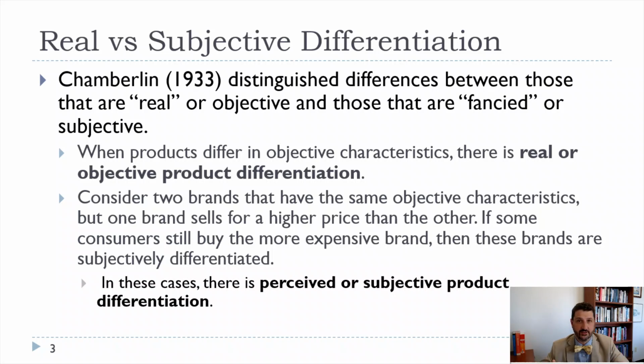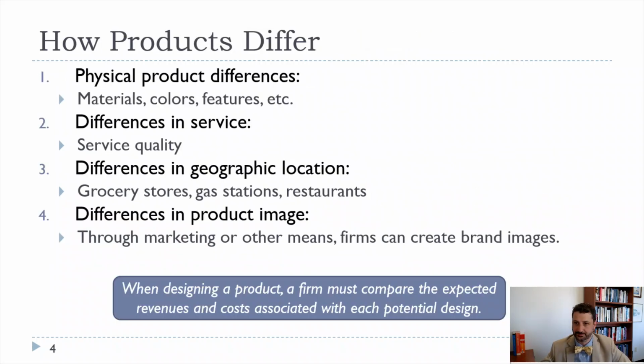And so if you go to CVS and you say, do I want to buy the Advil or the ibuprofen? They're exactly the same medicine. Advil costs more. Why is that? Well, there's some subjective or perceived differentiation there that's allowing the makers of Advil to charge more. And I think that's a very interesting piece of industrial organization.